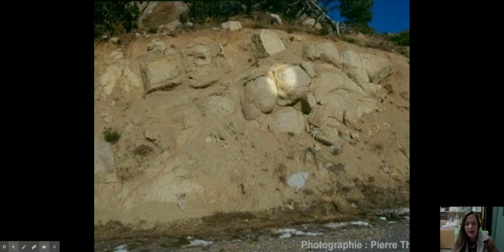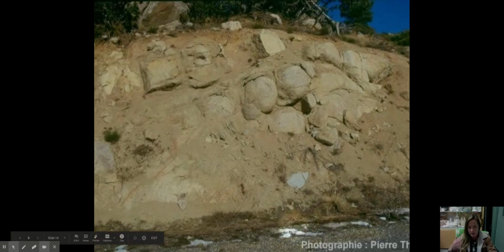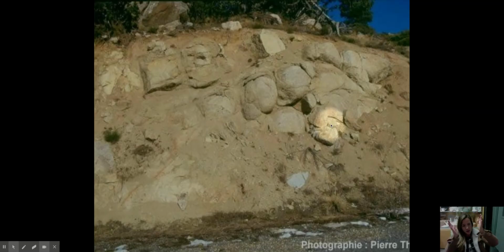Okay, then what happens is over time you start to see this decomposing granite. This looks like the side of the road. Actually, there's some snow on the ground here. This is like when you're driving up to Big Bear and they slice the land in half to build the road, and you get to see a cool cross section of the landscape.